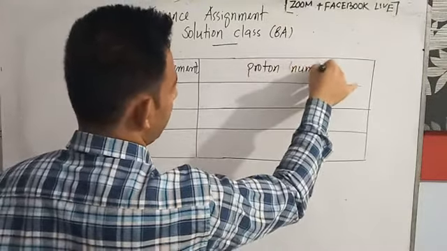According to their proton number, we will try to find this out. So X, the proton number is 13, and we know that any element's proton number is its atomic number.